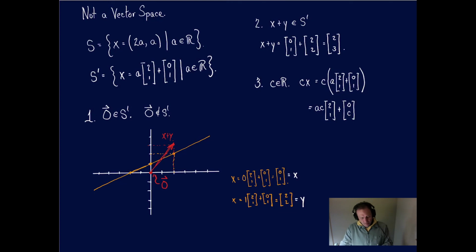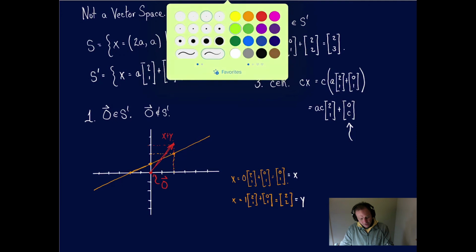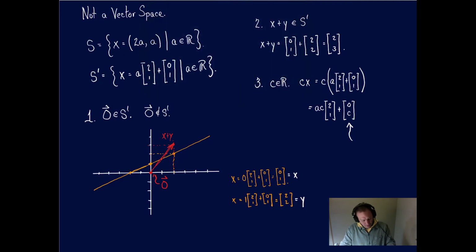Why is that? Because look at this vector right here, 0 times c. If c is a positive number, it's going to take the y-intercept and just start moving it up the y-axis. And if c is a negative value, it's going to move this y-intercept down the y-axis.